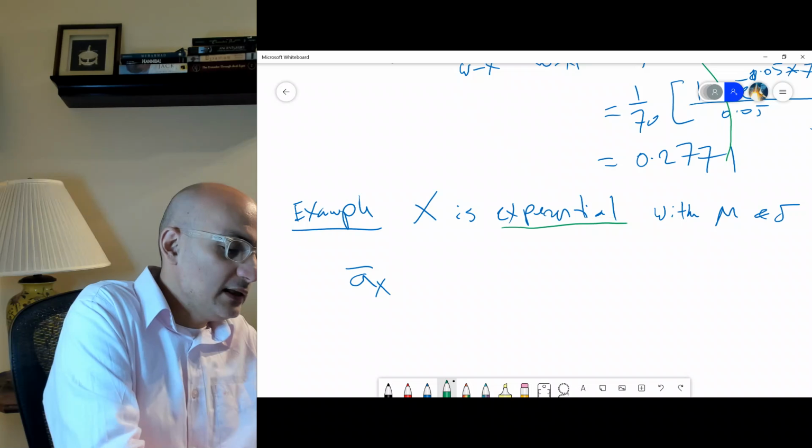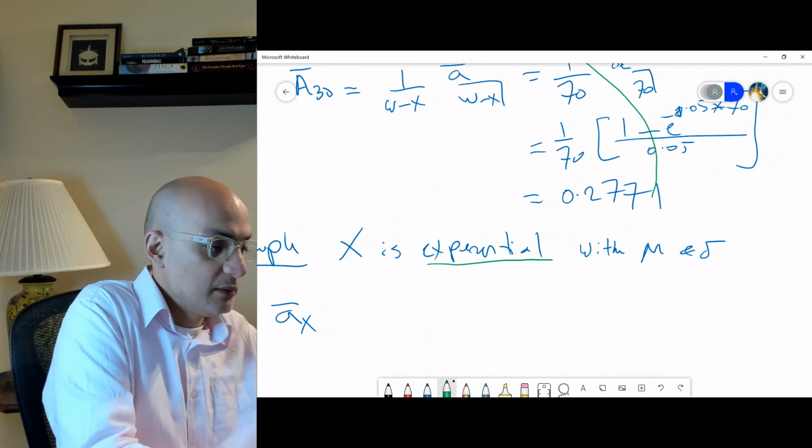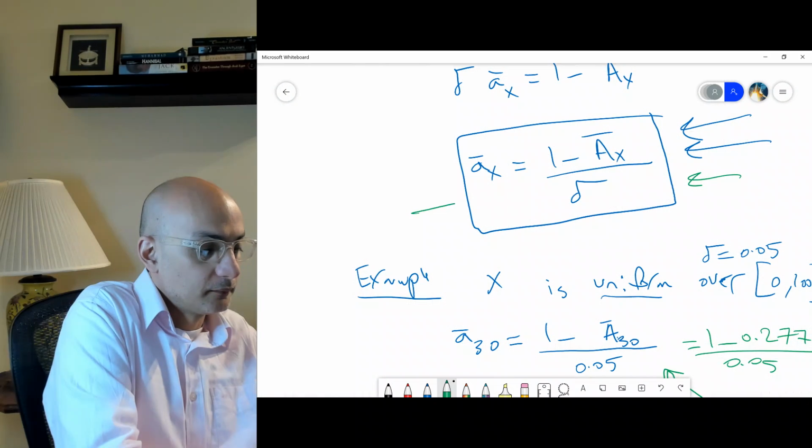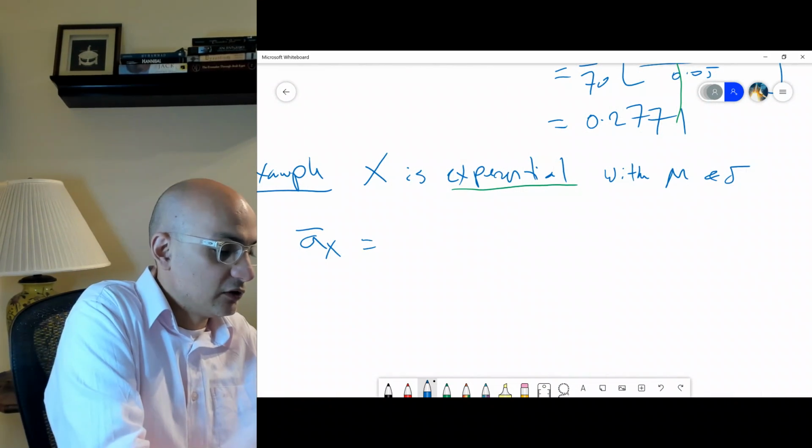This one we apply the same rule, the same formula here. We need to apply the same formula here to this one, which is 1 minus e to the minus delta. Now, sorry.